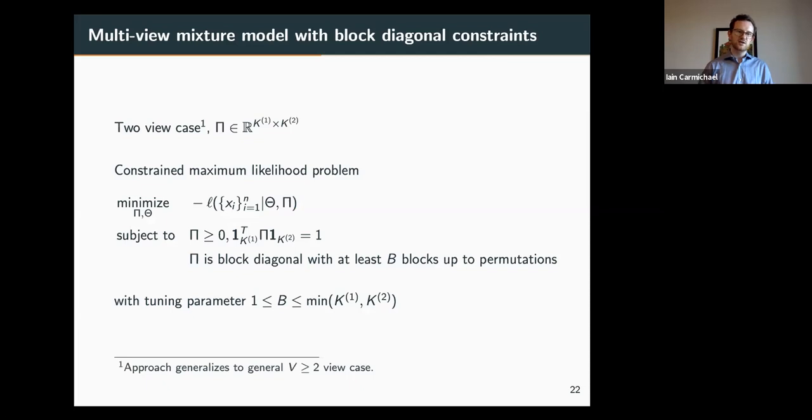To be a little bit more concrete, we're just going to talk about the two-view case for now, although everything I'm going to say for the block diagonal setting generalizes to the more than two-view case.